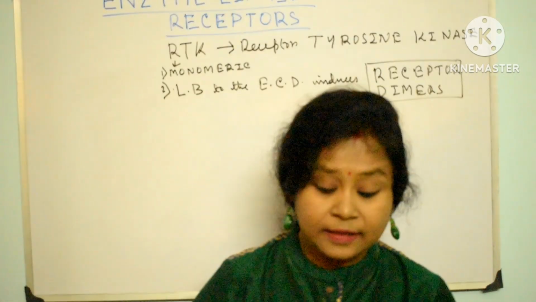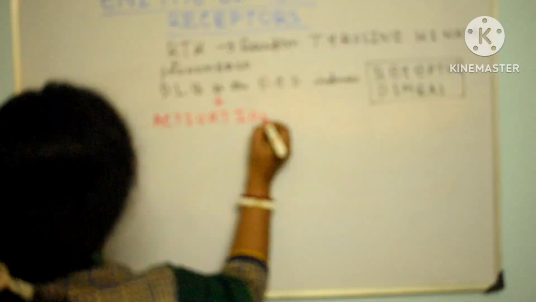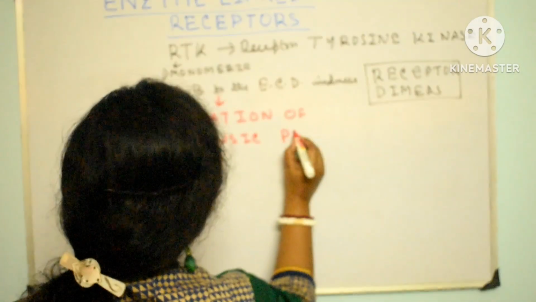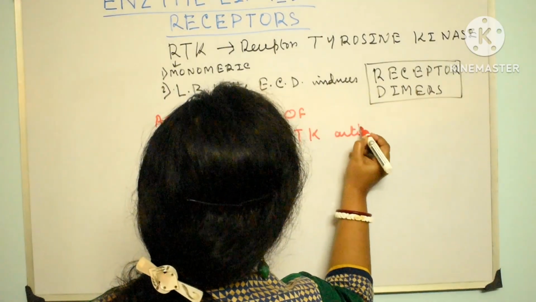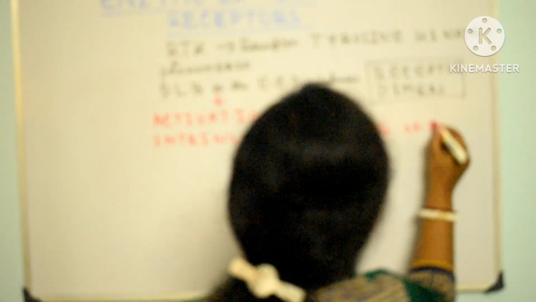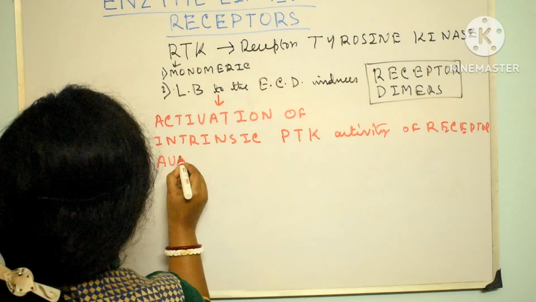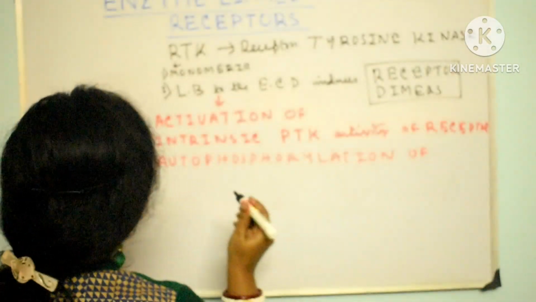And after this ligand binding, what happens? Activation of the intrinsic protein tyrosine kinase activity of the receptor, and autophosphorylation of tyrosine residues.